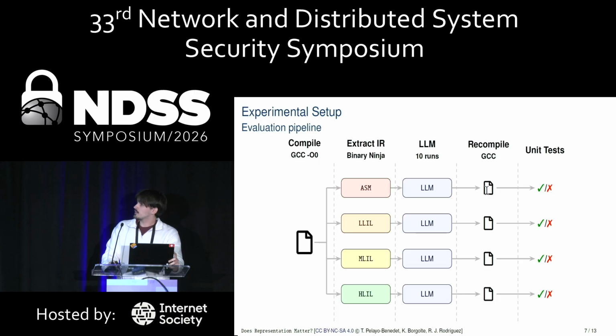Also, we propose an evaluation pipeline with 5 steps. The first one, we compile the function alone. After that, we get all the intermediate representations from Binary Ninja. The third one is to execute the decompilation with the 5 LLMs 10 times for statistical validity, because of the statistical behavior of the LLMs, there will probably be some changes from one execution to another.